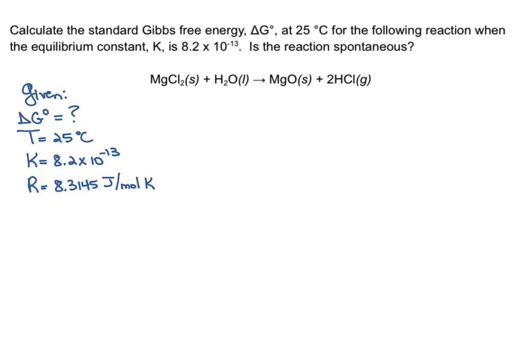Now, before I do anything, I want to make sure I've got the correct units, and my temperature needs to be in Kelvin. And since my initial temperature has no decimal places, my converted temperature will not have decimal places. Next thing I want to do is go ahead and plug into the formula. Delta G equals negative RT natural log of K. I'm going to go ahead and plug in my numbers.